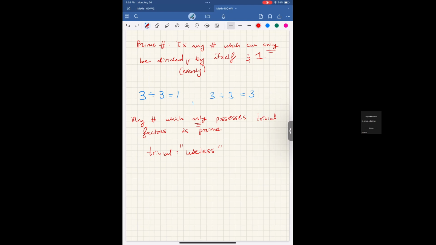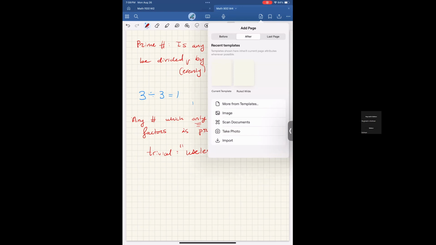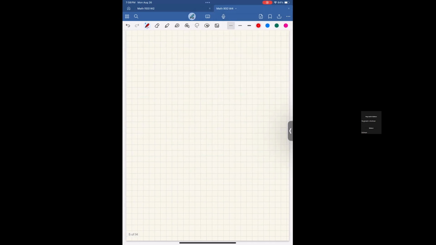Okay, so why is it important to know about prime numbers? Well, it turns out that finding the GCF can often be done by decomposing a number into what are known as its prime factors. Now, a fact that you should know.